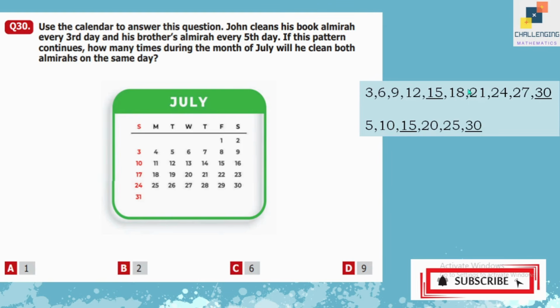So here we will find the common multiples, common dates where he will clean his and his brother's almirah on the same day, which is 15, which is a multiple of 5 as well, and 30. So here option B is the correct option, because there will be two dates when he will have to clean the almirahs at the same time.